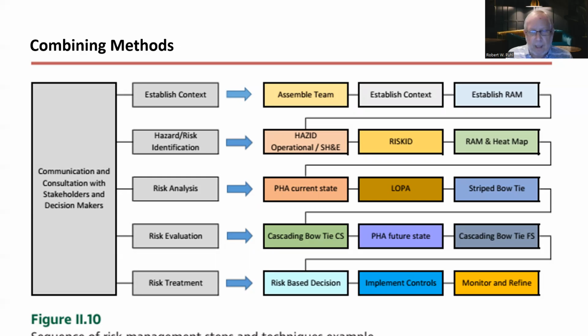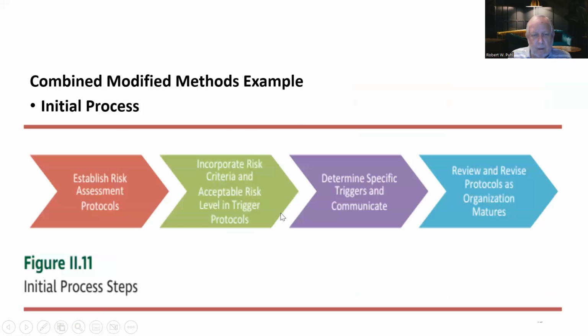Risk evaluation, cascading bow tie, PHA, future state, cascading bow tie, FS. Risk treatment, risk-based decisions, implement controls, monitor, and refine. So this, again, the verbiage in here is sometimes not real concise, let's put it that way. But then these are just some. There's a whole bunch of methods in this book that you can use.